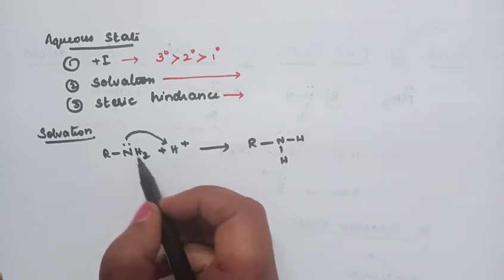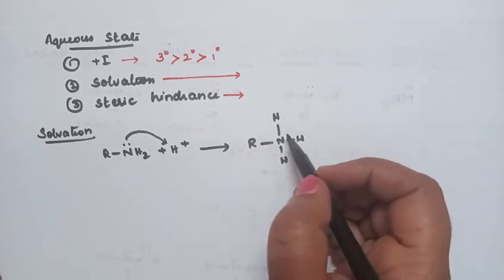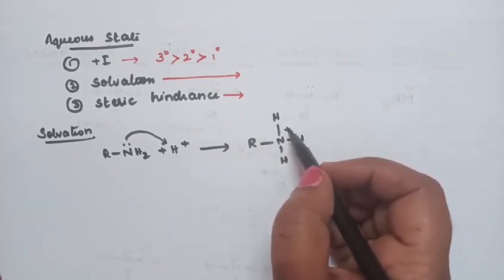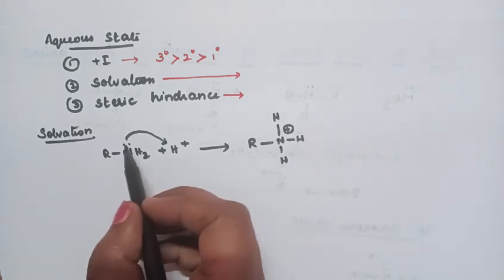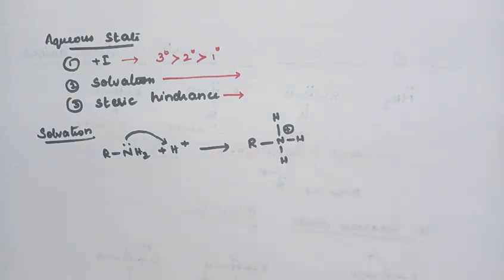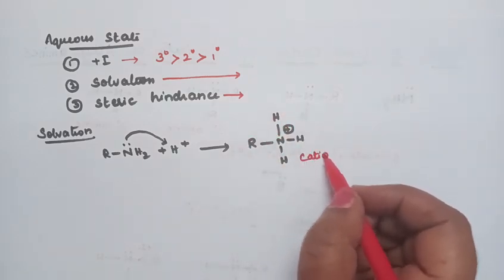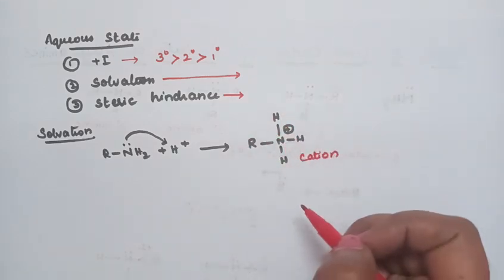Already it has two hydrogens, and this hydrogen will be attached to nitrogen, and nitrogen will get a positive sign because it is losing this electron to hydrogen. Therefore, nitrogen will get a positive sign. So now this becomes a cation.